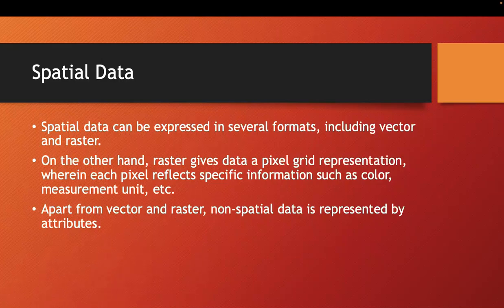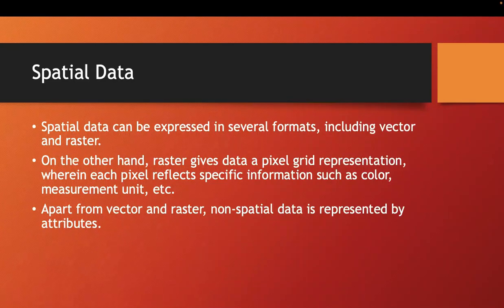If you are not familiar with vector and raster, please visit the QGIS playlist and watch the related video. Spatial analysis in GIS involves examining the spatial relationships between different geographic features to uncover patterns, make decisions, or solve real-world problems.